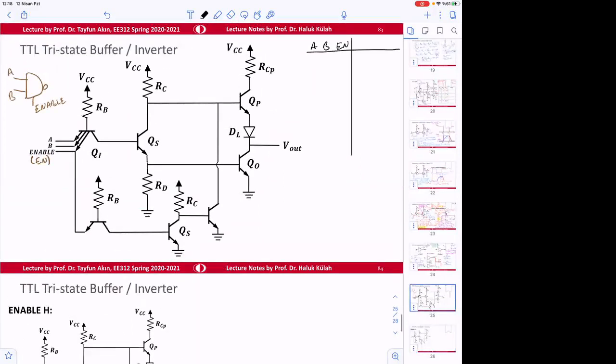We can give different conditions here: 0 0 0, 0 0 1, 0 1 0, 0 1 1, 1 0 0, 1 0 1, 1 1 0, and 1 1 1. For these cases, we want to find what is going to happen.